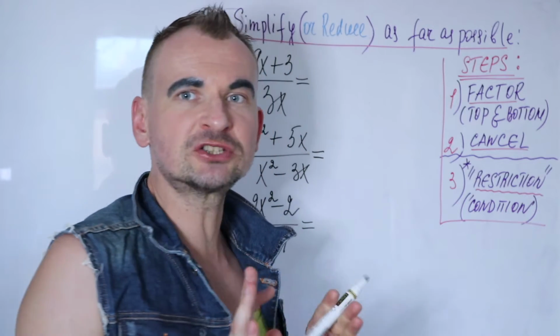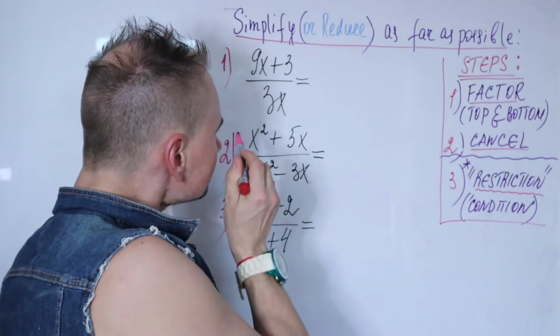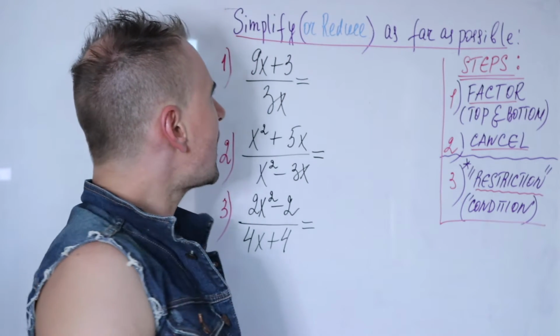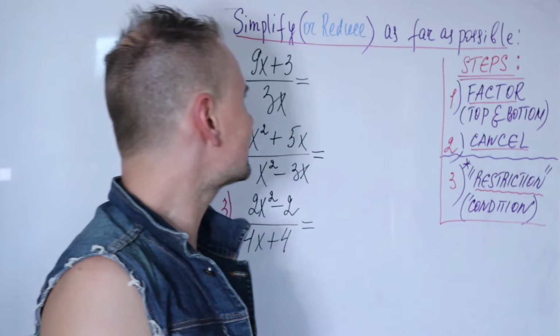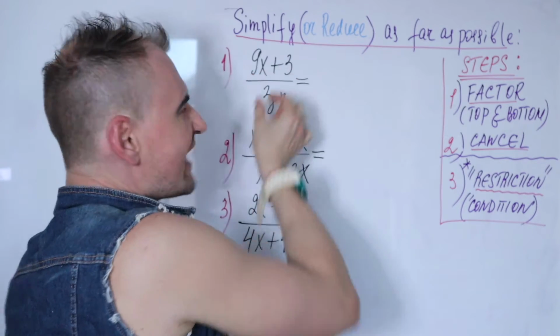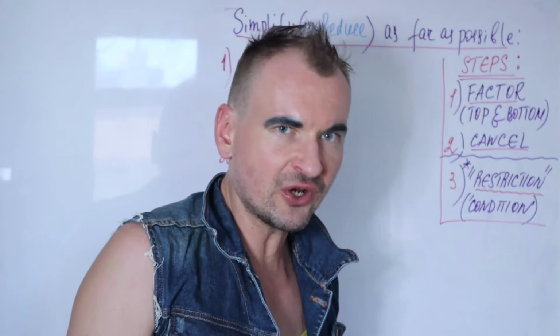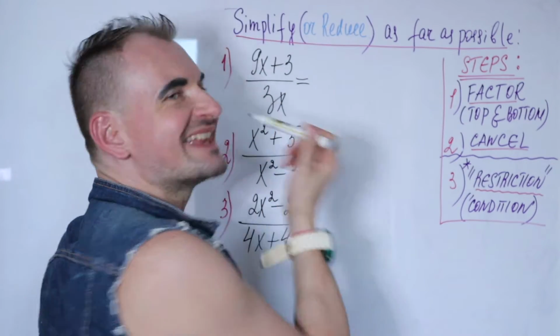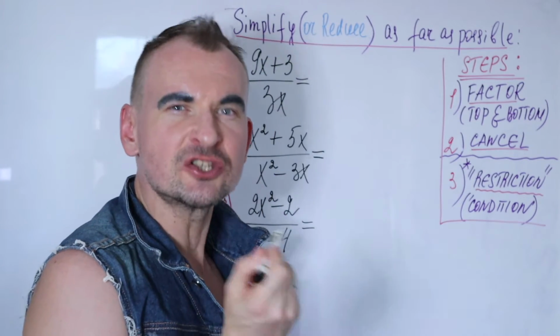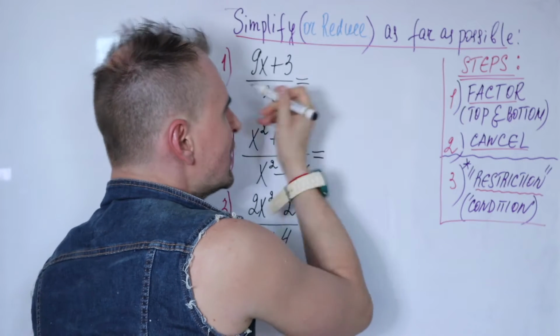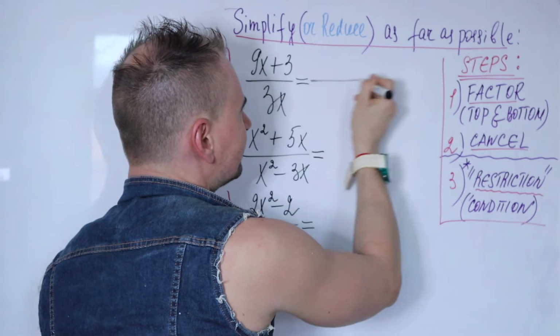Now, let's put it to the test. For the first one, when you have 9x plus 3, 9 and 3, both of these numbers are divisible by 3. So you have this 3, which is a common factor to both of these terms. So pull it out, factor it out front.